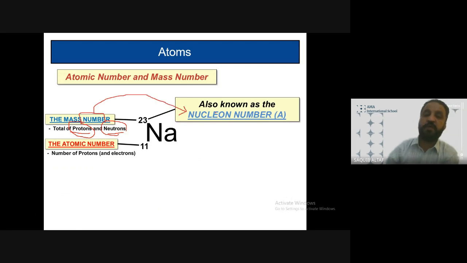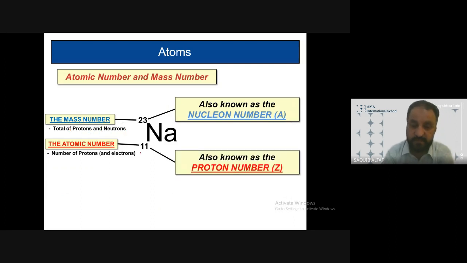Mass number is represented by the symbol A, whereas atomic number is represented by Z.